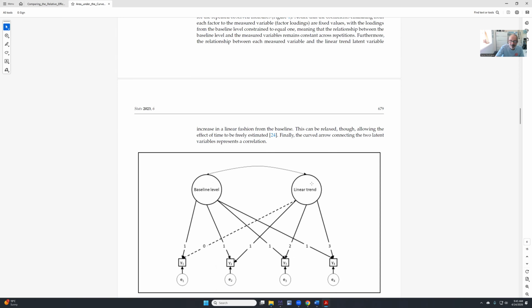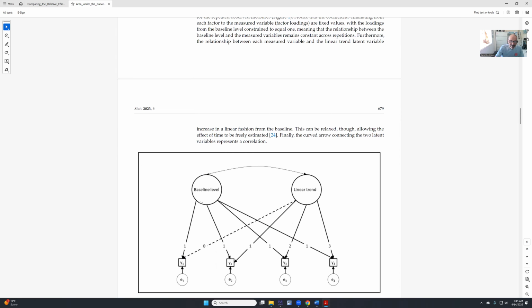And then here we have a linear trend that relates to the different observed measures too. And you'll notice in this case, we modeled a linear trend. So we're assuming that rate of change is linear, like a 1 unit change in time represents a 1 unit increase in the dependent variable. So it's just growing at a linear rate, not quadratic or anything like that.